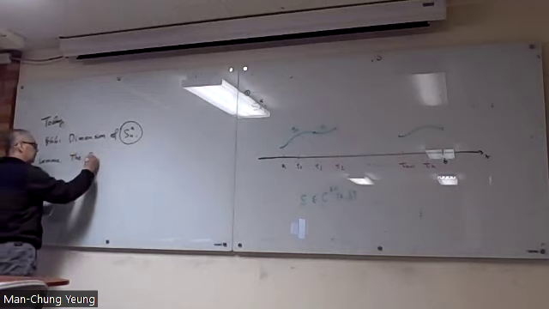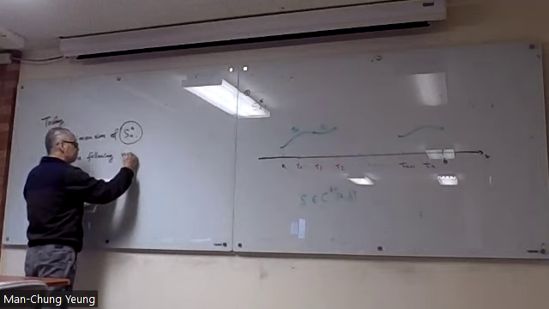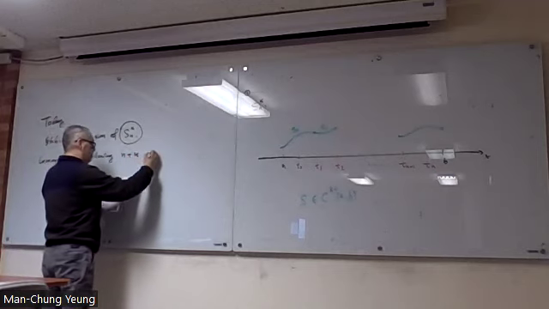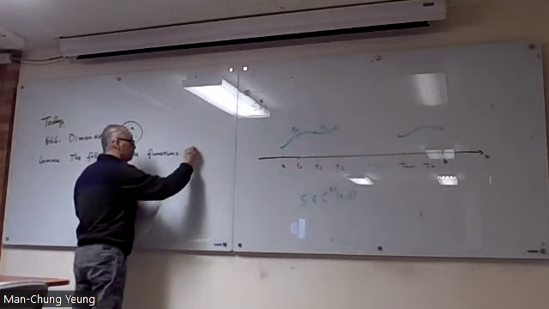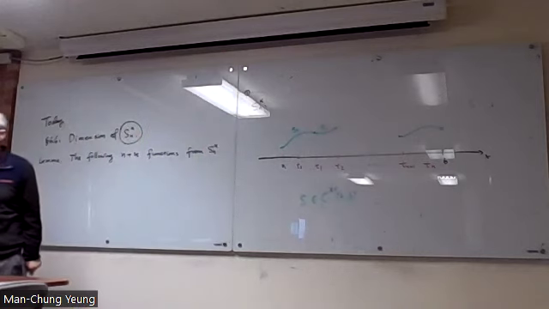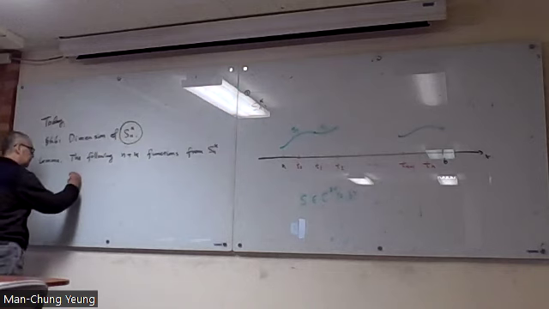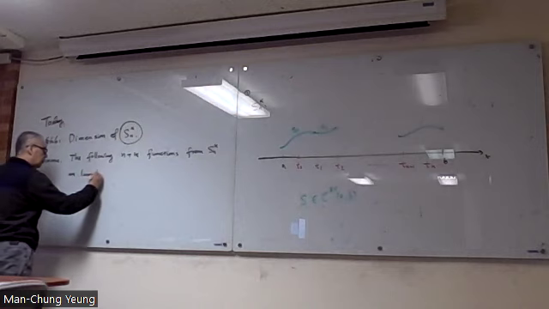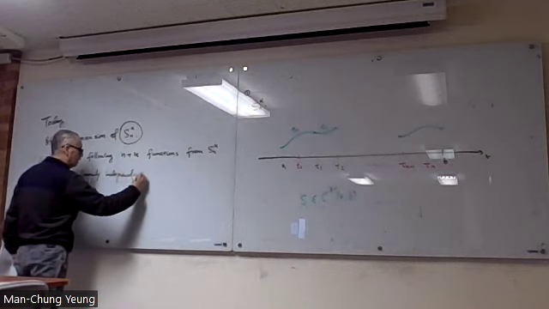The following n plus k functions from this space, the set of all spline functions of degree k, are linearly independent.